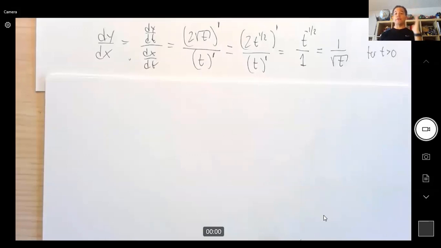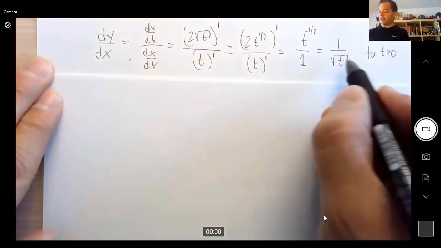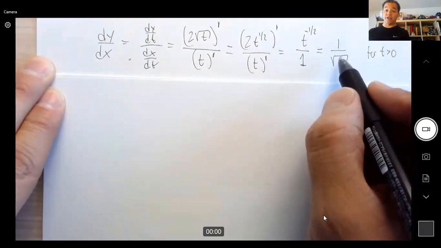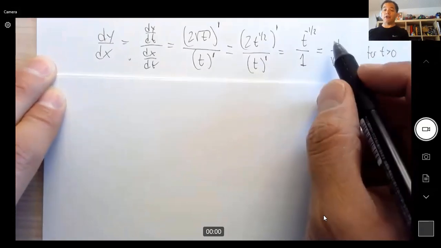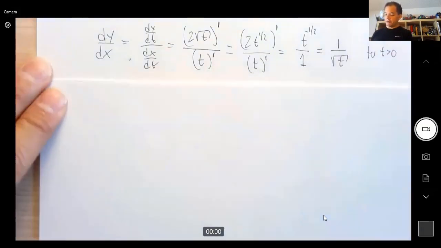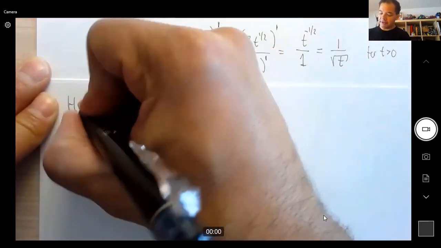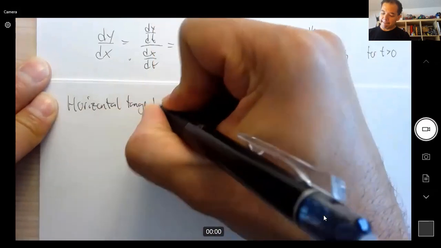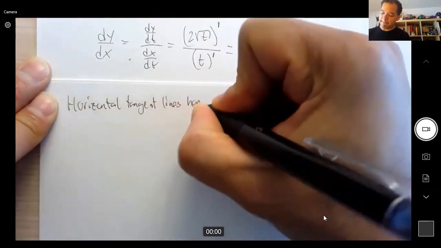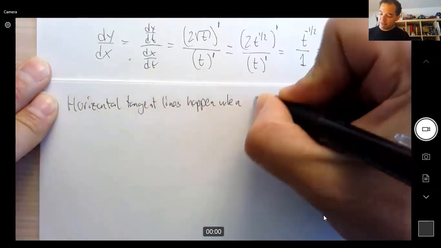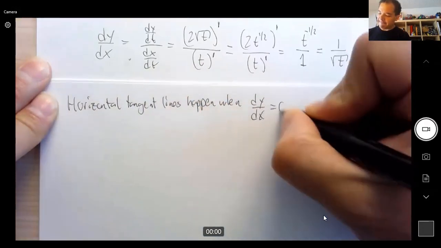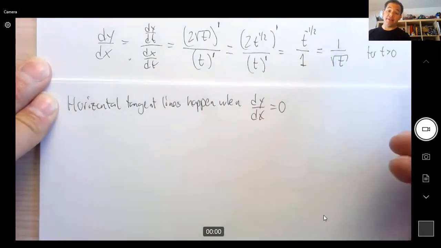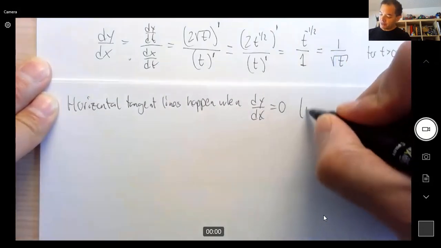So you will find those where this expression is undefined because the denominator is 0 and the numerator is not 0. So horizontal tangent lines happen when dy dx is 0. In this case, this is never 0 because it is 1 over something, that's never going to be 0. No solution here.